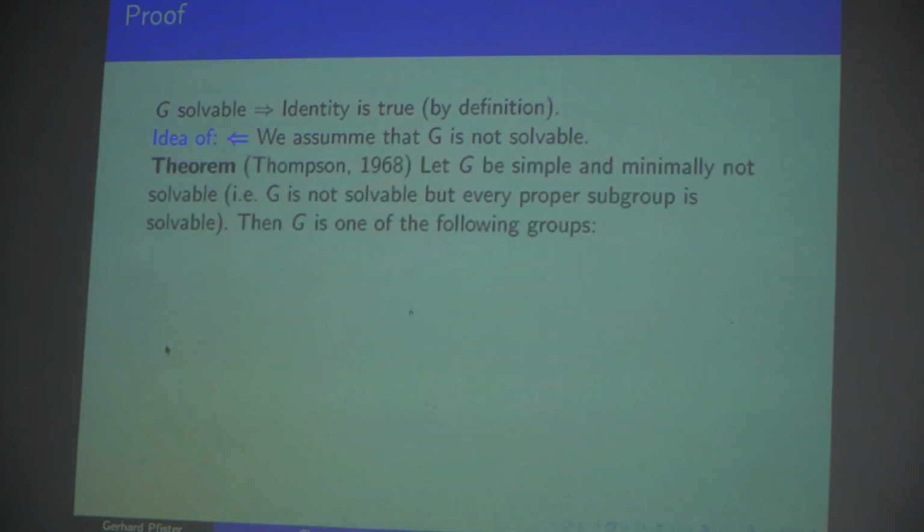And now, the basis of our proof is a very important theorem of Thompson from 1968, classifying all simple, minimally not solvable groups. So Thompson gave a list of groups which are not solvable, and minimal in the sense that every proper subgroup is solvable.